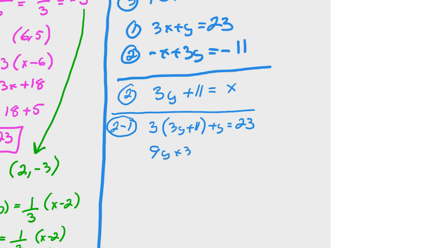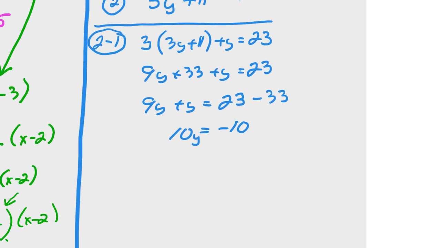Expand. Collect like terms. The 33 gets pushed to the right, becomes negative. That should be a y there. Equals negative 10. Divide both sides by 10. And y equals negative 1.